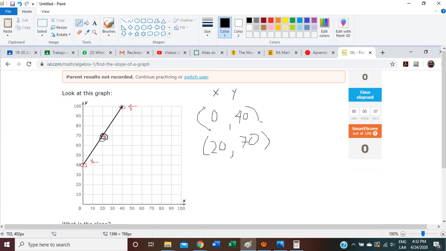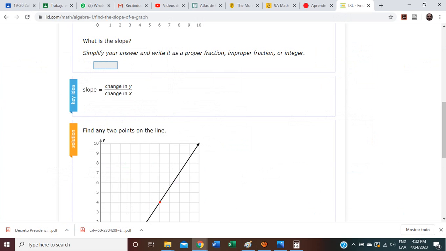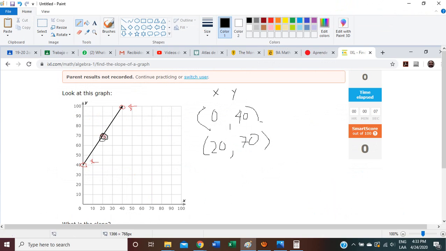So now remember the formula. It says change in y, the y is the numerator, divided by change in x, the x is the denominator. So I am going to start with y because y is going to be the numerator. 70 minus 40 equals 30.